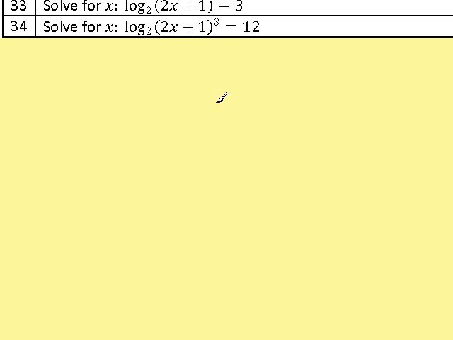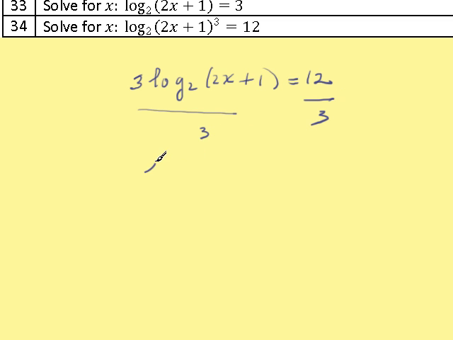In number 34, start by bringing this 3 down in front. Use that log property that brings exponents down. And now we can divide both sides by 3. So we have log base 2 of 2x plus 1 is equal to 4.